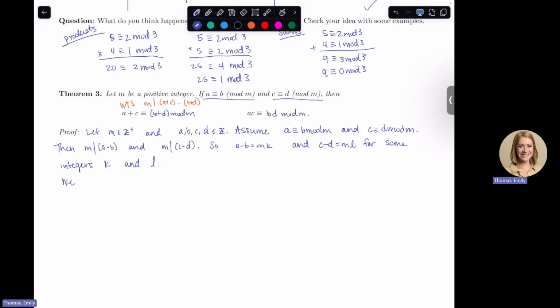We have A minus B plus C minus D is equal to MK plus ML. I'm going to rearrange this stuff. This is A plus C minus B minus D is equal to MK plus ML. I'm just going to go ahead and do M times K plus L over here.